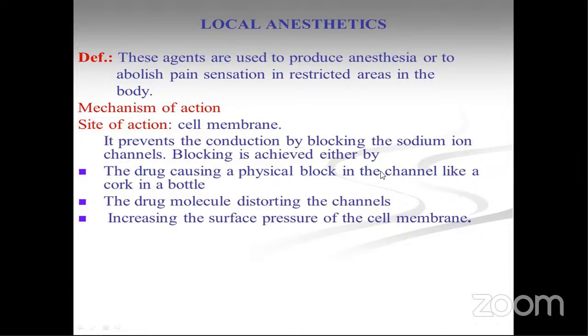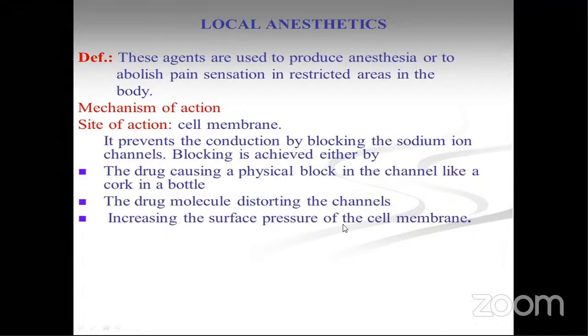The blocking is achieved either by the drug causing a physical block in the channel, like a cork in a bottle. Suppose your bottle has a cork, there will be no flow of water outside. Same thing, it acts like a cork to block channels like the sodium channel.